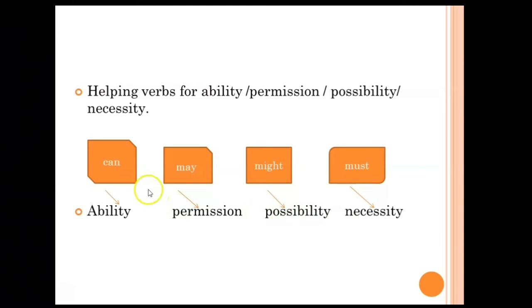For example, I can carry 2 bags in one hand. يعني I can أستطيع. You may visit me tonight. هذه permission إذن يعني. It might rain tomorrow. في احتمال. Must يعني شي كتير ضروري نعمله. You must consult a doctor.